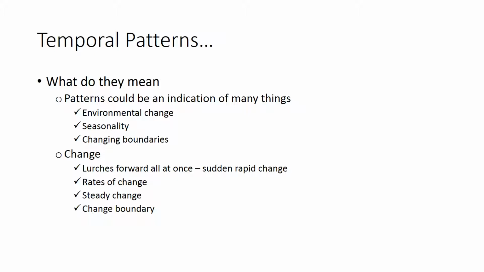Change itself is important. Change is anything but constant, in that it's constant in that it's always occurring, but it's not constant in its state. Change can be a lot of different things. It can be a sudden lurch forward all at once, sudden rapid change.